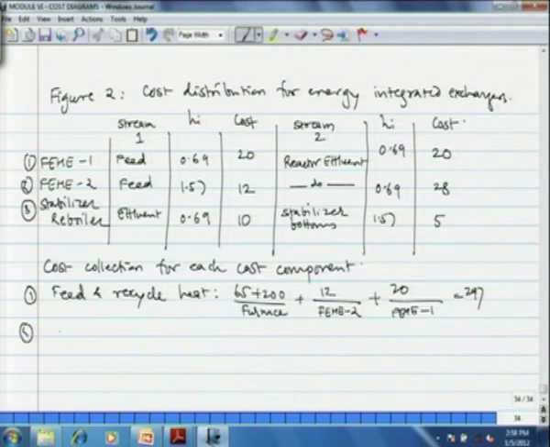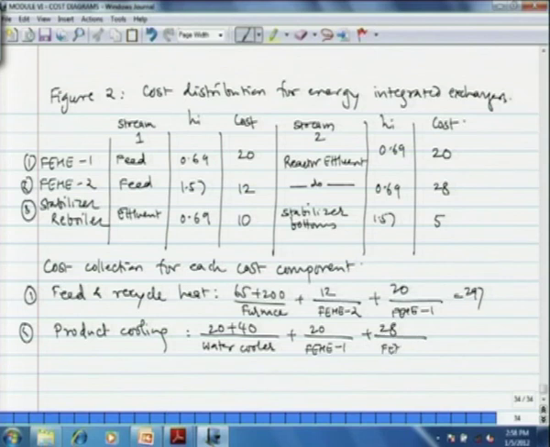Then second, product cooling, $20 plus 40 for the water cooler plus 20 for FEHE1 plus 28 for FEHE2 plus 10 for stabilizer reboiler. Together it adds up to 118.